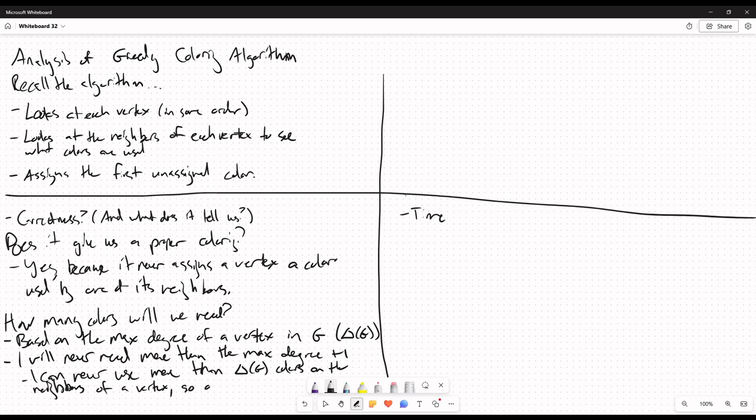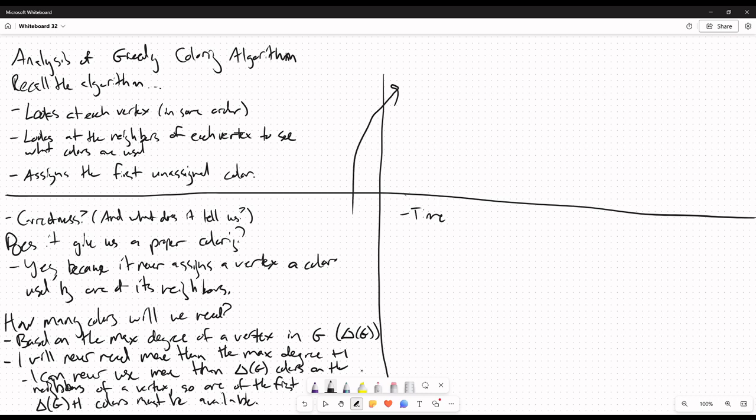So, one of the first delta G plus 1 colors must be free.